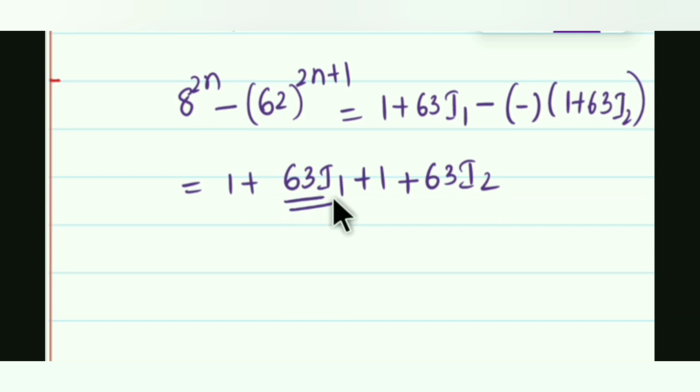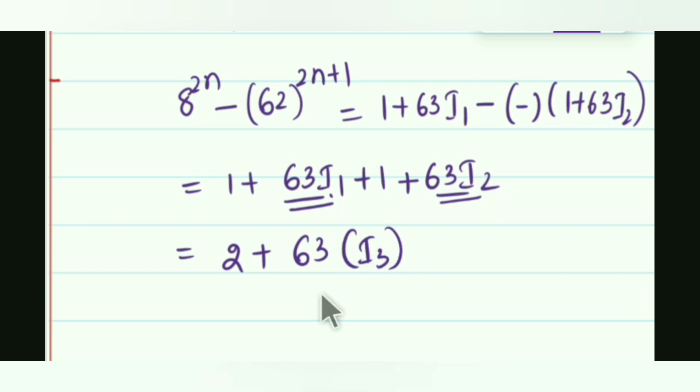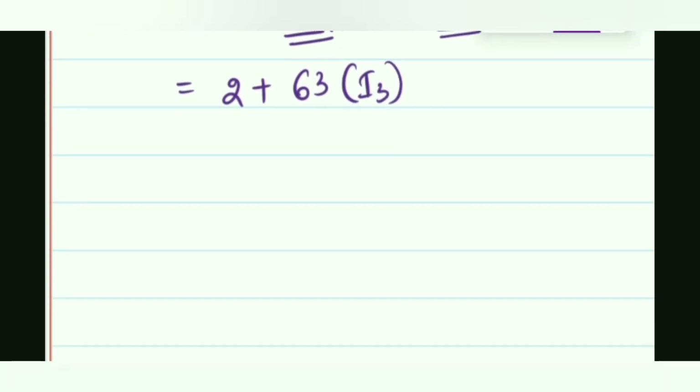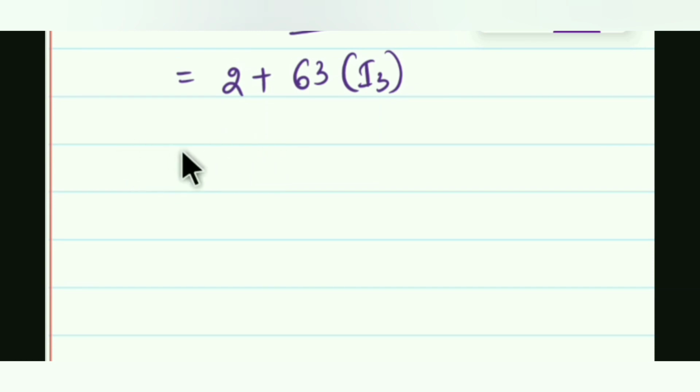So for 63 I1 and 63 I2, I can write 1 plus 1 will be 2, and again 63 times integer 1 plus integer 2, which is again another integer, I3. So finally I can write it as 2 plus 63 times an integer.